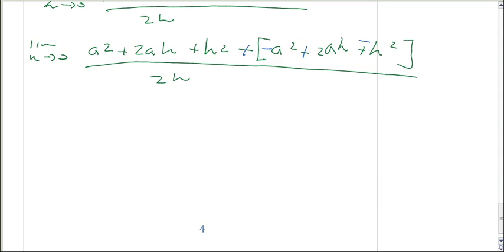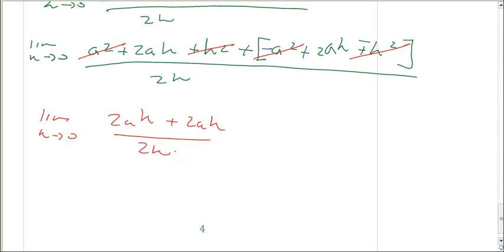Now I can cancel some stuff out. The a squareds are gone. We can also cancel out the h squareds. And so if I rewrite this, I get limit as h approaches 0 of 2ah plus 2ah all over 2h. Okay, let's see if we can simplify here. I can factor out a 2h out of both terms on the top.